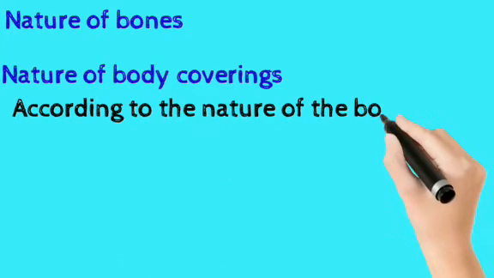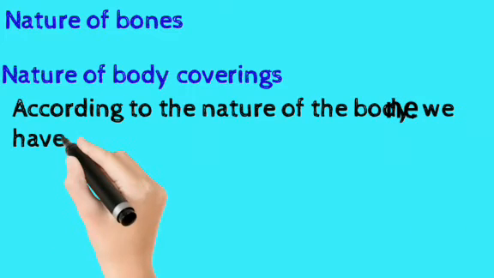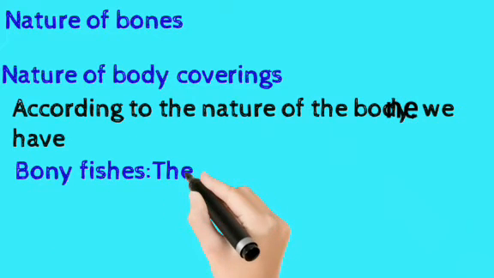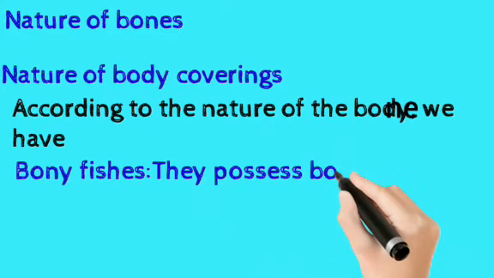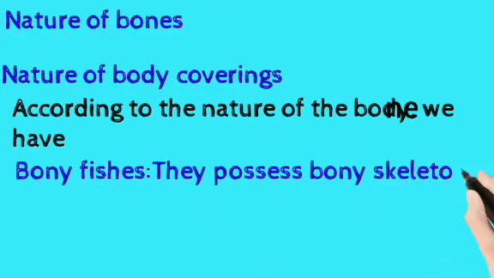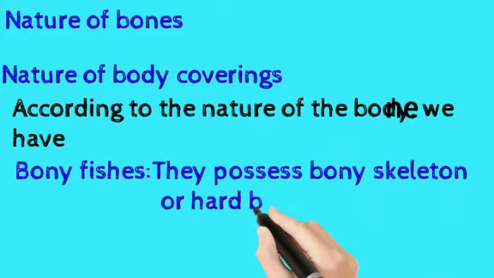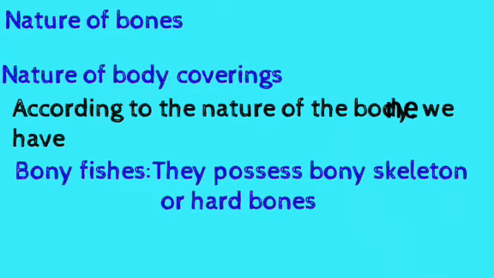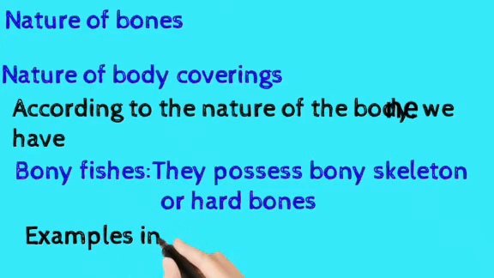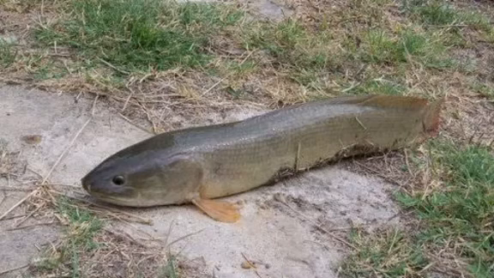Now, according to the nature of the bone, we have the bony fishes. The bony fishes possess bony skeletons or hard bones. That is, the bone is strong. These are called bony fishes. They are not like the cartilaginous fishes. Example is the mudfish.